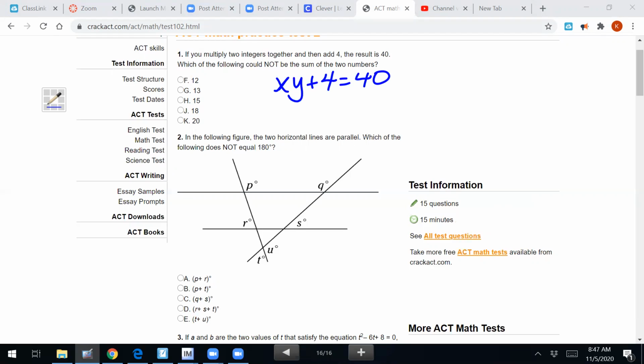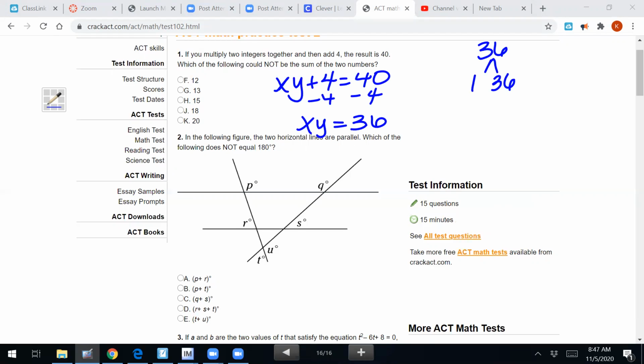So then what I need to do here is subtract out that 4. So x times y is going to actually equal 36, right? So now I need the factors of 36 so I can figure out what the sum cannot be.